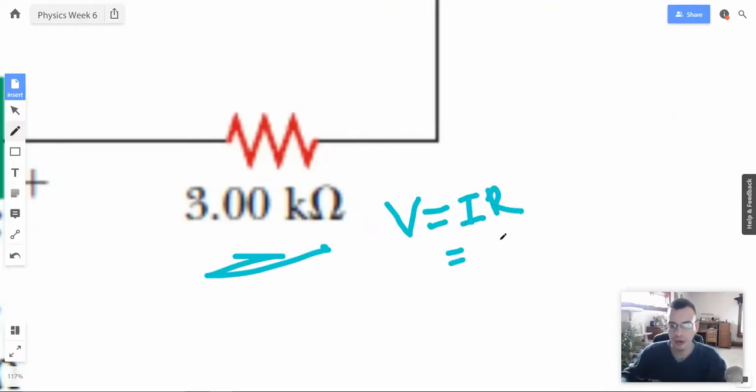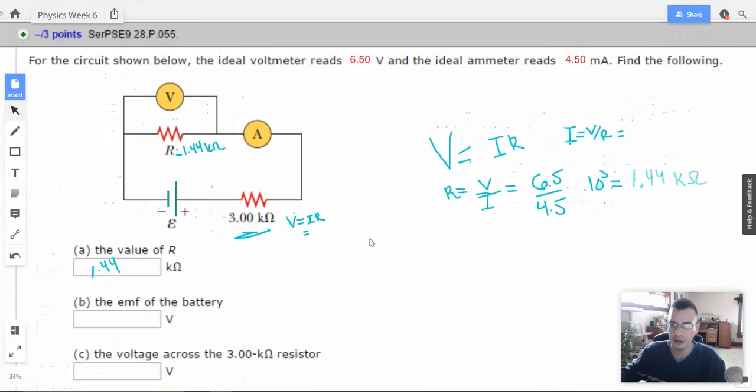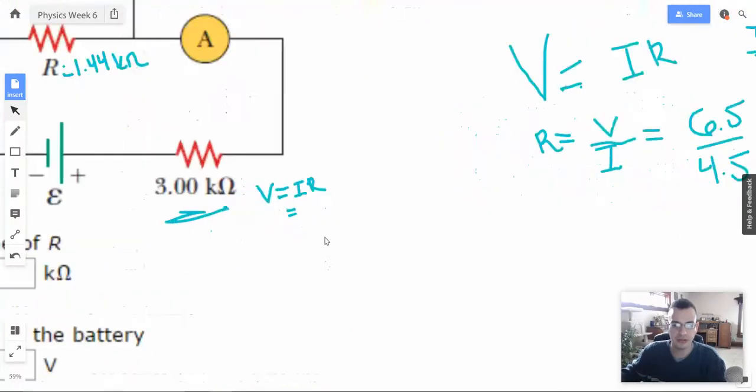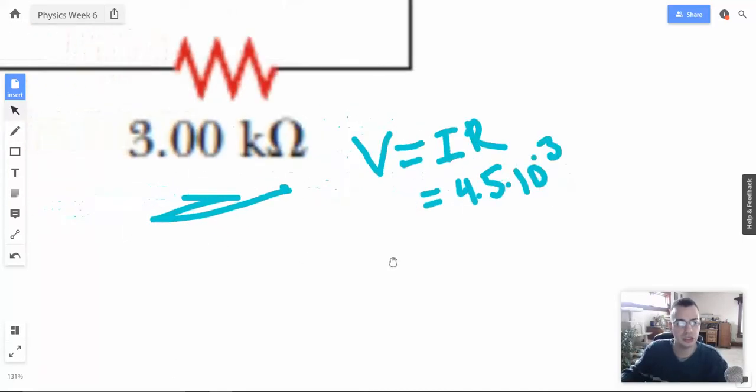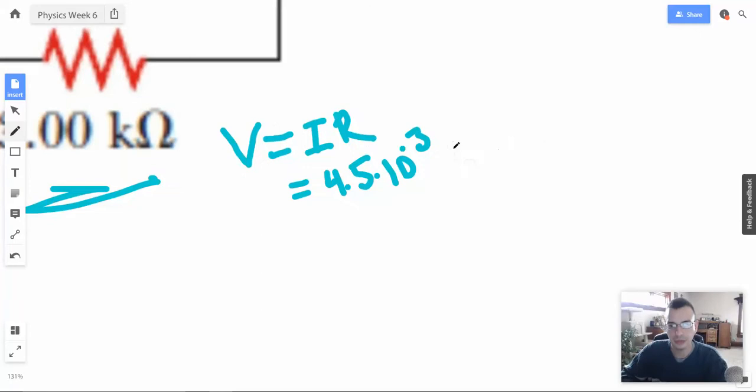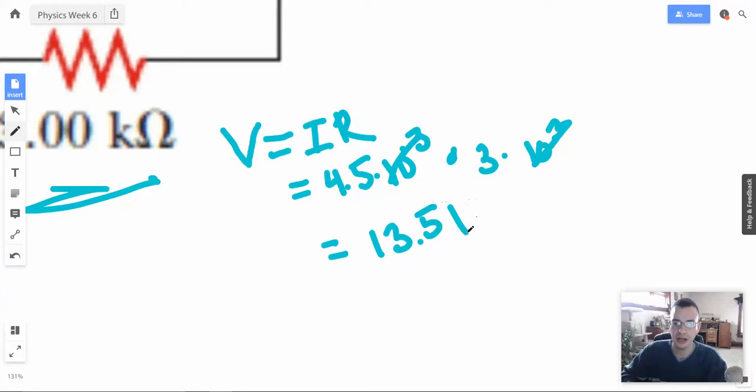We have 4.5 times 10 to the negative third, and then we have the resistance, which is 3 times 10 to the third. These cancel. 4.5 times 3 is 13.5 volts.